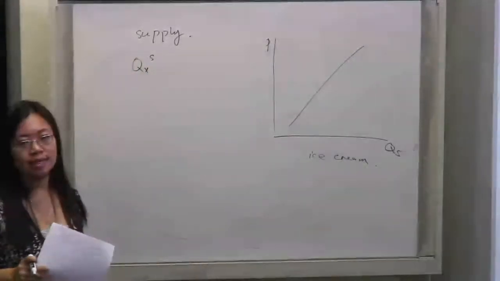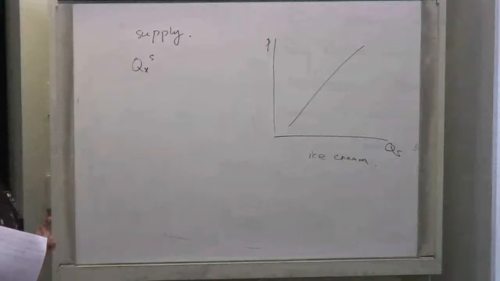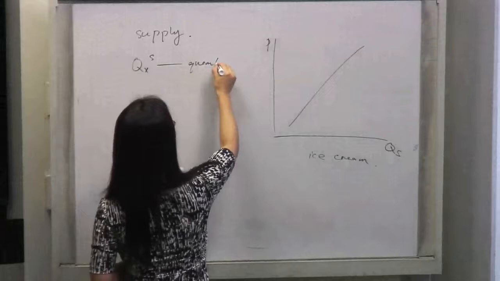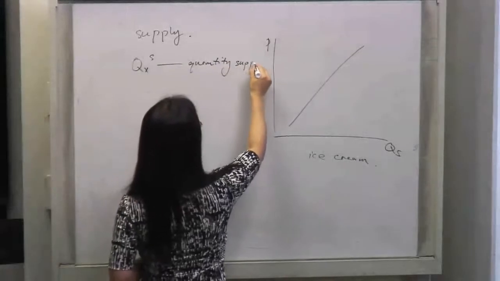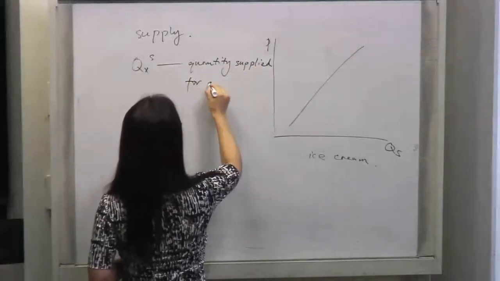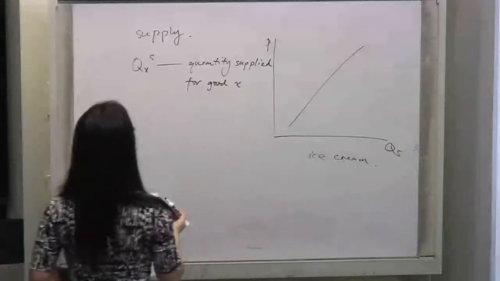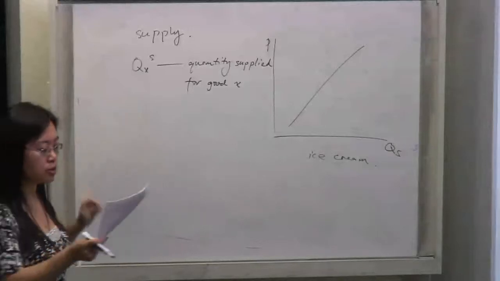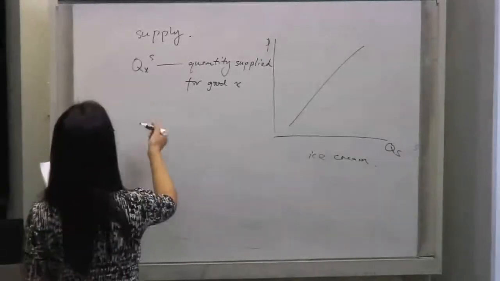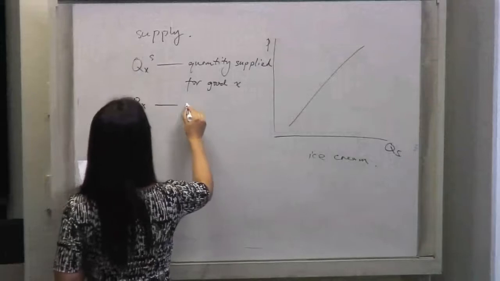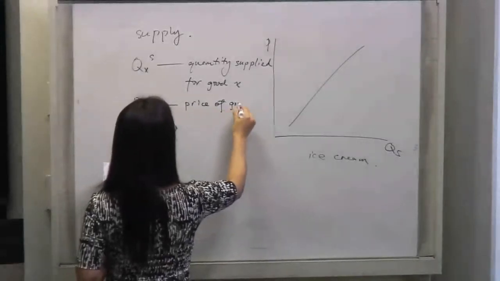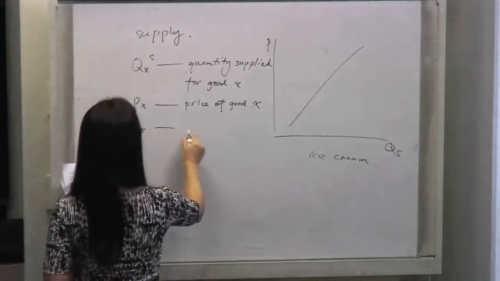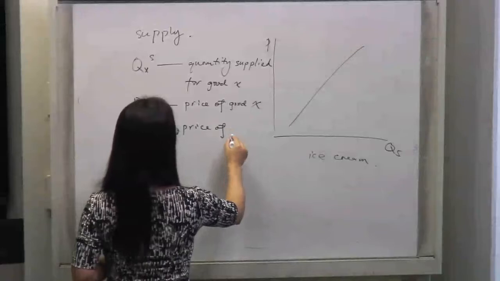I'm going to use QXS to represent quantity supplied for good X. And this quantity supplied for good X depends on the price of good X, and the price of related goods.